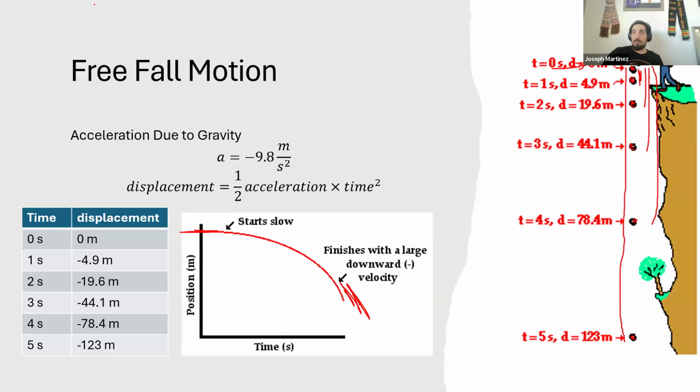Now, I made a claim earlier that free fall motion is the same for any object. And I'm going to try and justify that. Let me real quick stop my share.